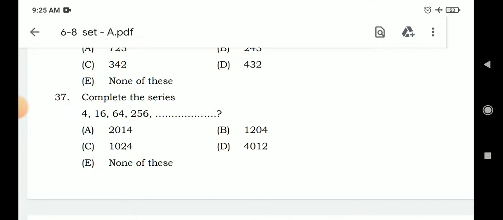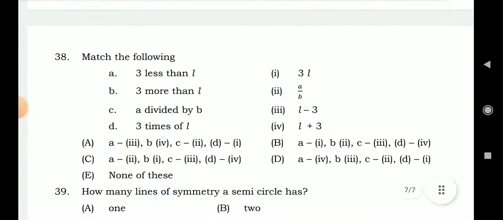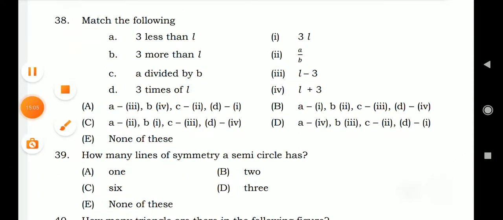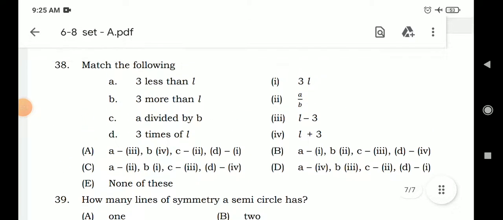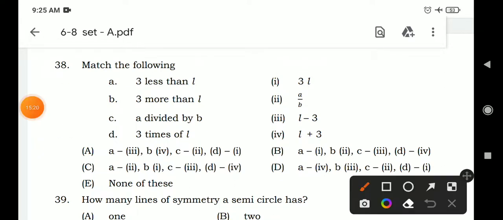Okay, so now comes the next question, matching. Now we will do the matching related to addition and subtraction of algebra. 3 less than L, what will be there? 3 less than L is L minus 3. Third option, 3 more than L means L plus 3.